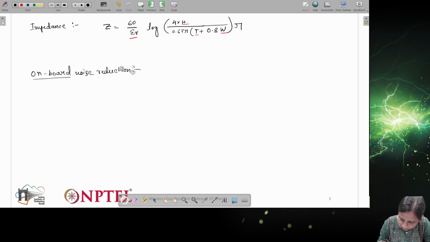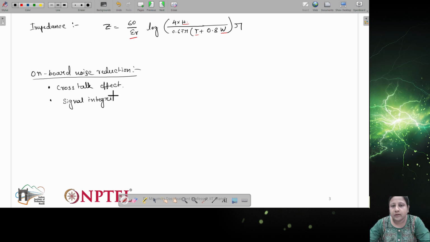So what do we have to do? We have to reduce the crosstalk effect. Then for signal integrity, we have to provide the signal path such that, as I have already shown you in the other lectures, the signal line should be laid out properly.